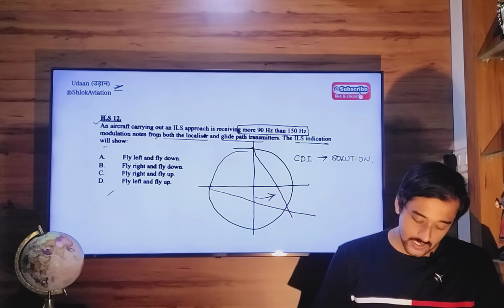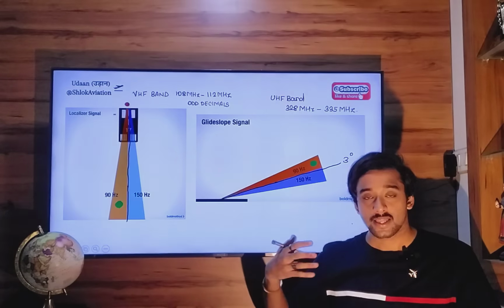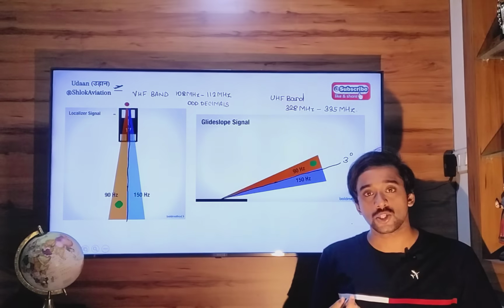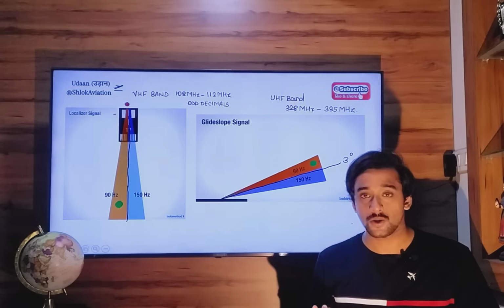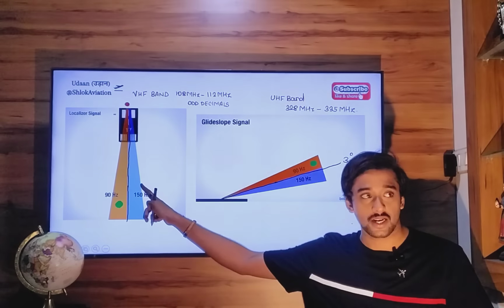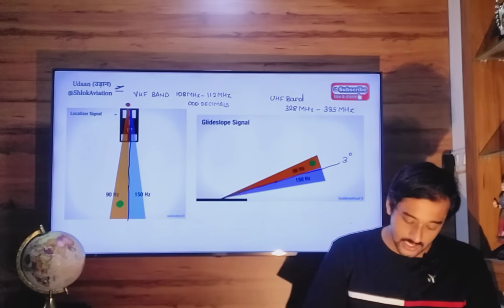Now in this case, you are to the left hand side of the runway center line. That is the problem. So what is the solution? What will the indicator tell you to do? The indicator will ask you to fly right hand side, like this.